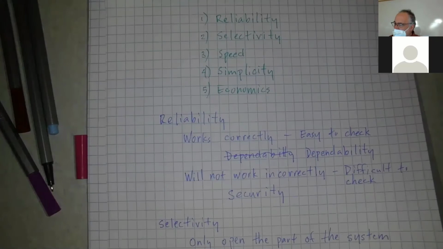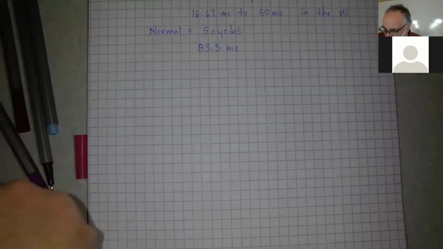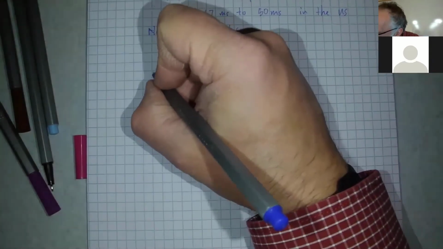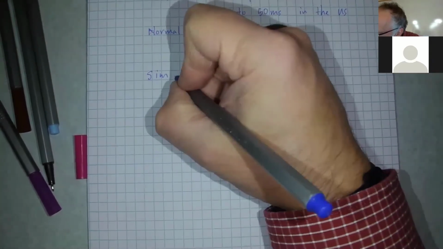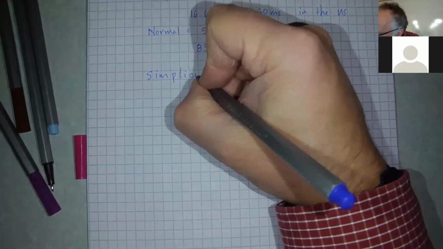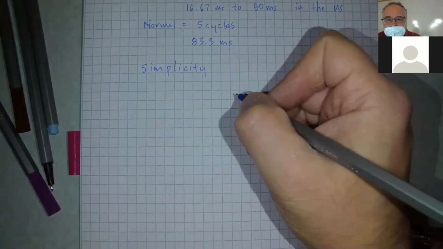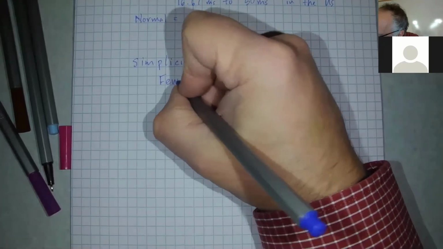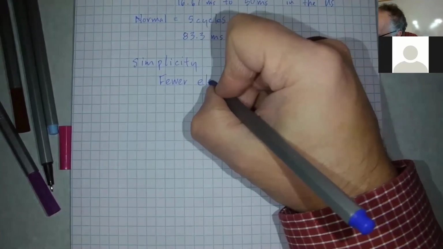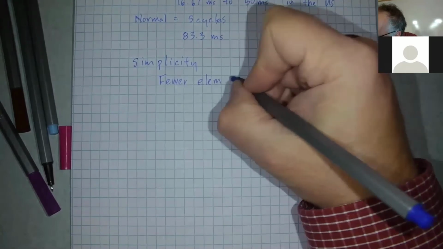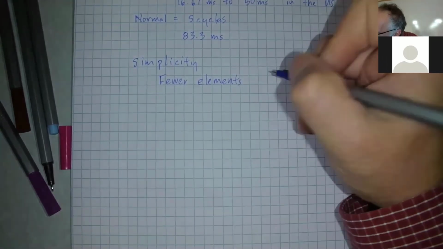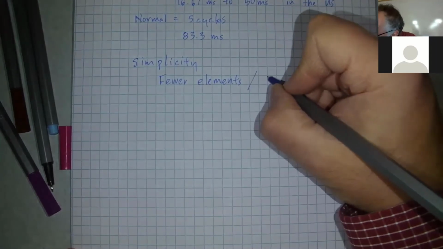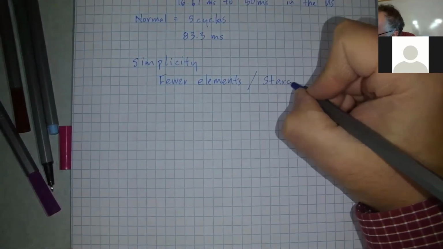So that's speed. Simplicity. We're talking about fewer elements and a standard configuration.